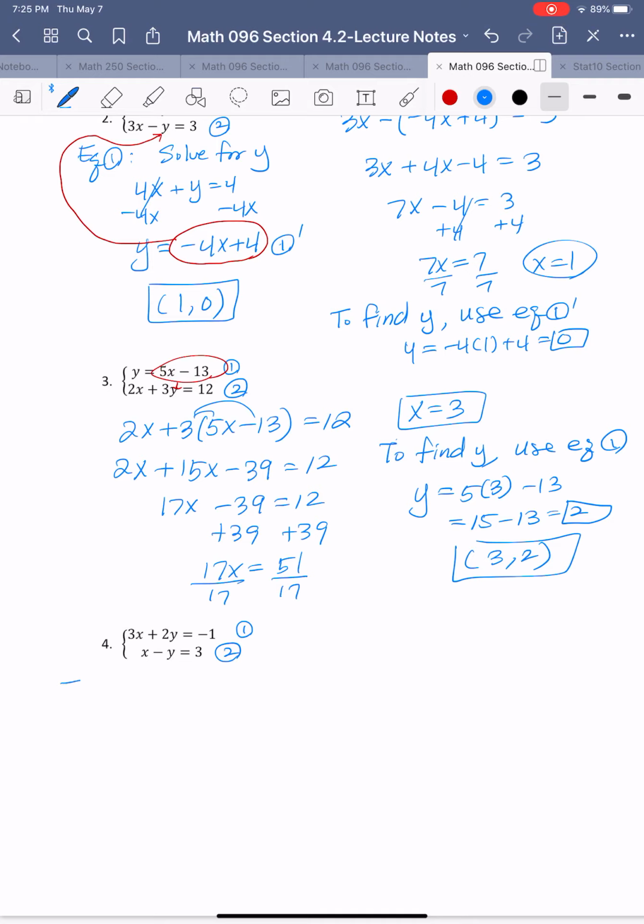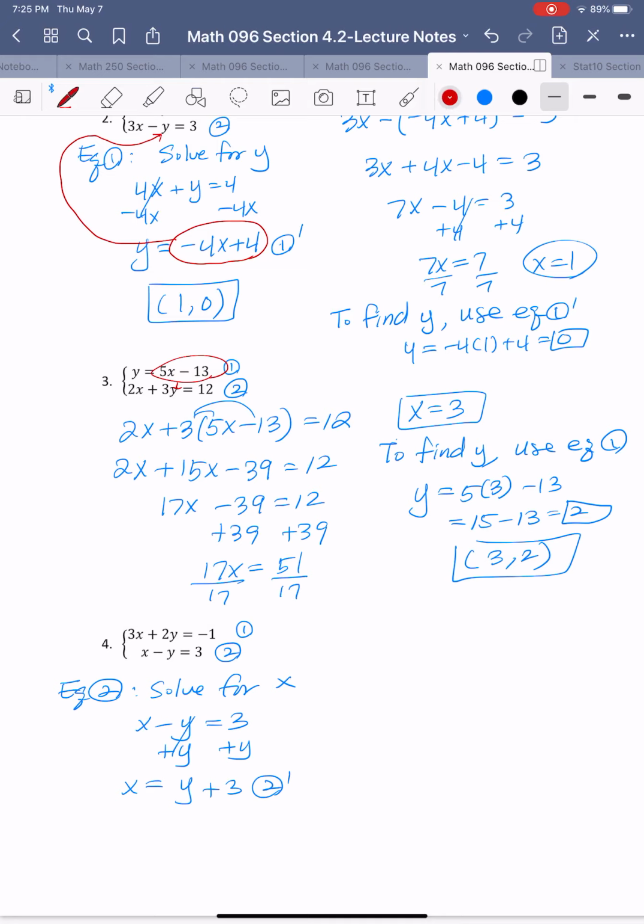So I'm using equation 2, but I'm going to solve for x, because x has a coefficient of positive 1. Solve for x, which means x minus y equals 3. Solve for x means add y to both sides. And then I get x equals y plus 3, or 3 plus y, doesn't matter. I'm going to call this 2 prime.